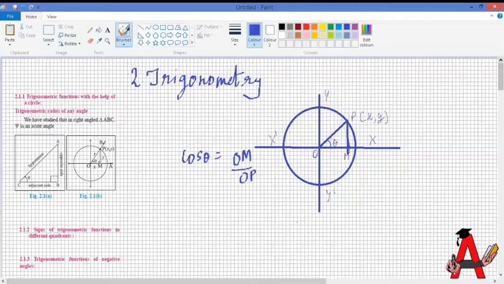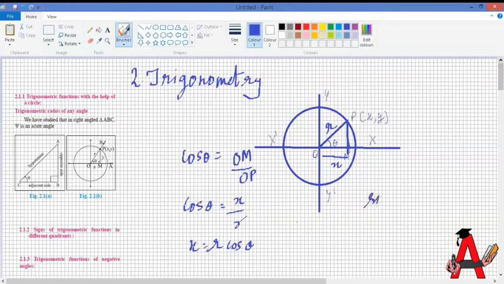If your radius is R, which means your OP is R, then cos theta is equal to OM upon R. OM is your x coordinate, so x upon R. Therefore, x is equal to R cos theta.